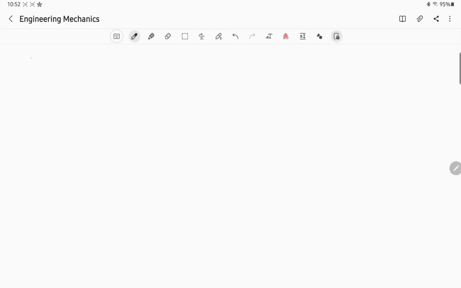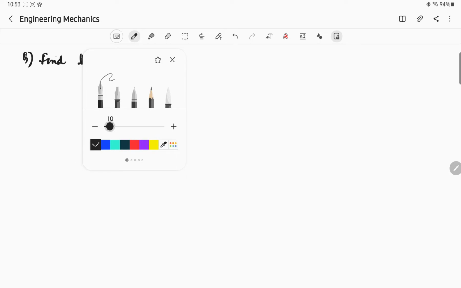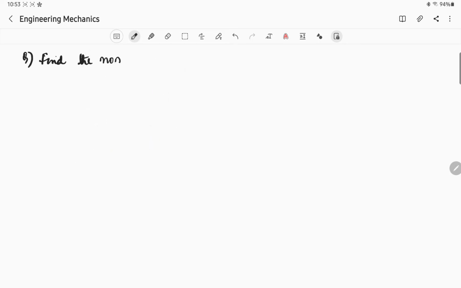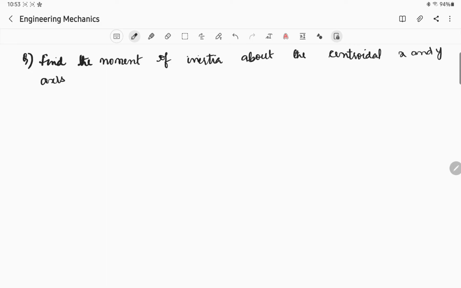Okay, so the question is, find the moment of inertia about the centroidal x and y axis of the L section shown in figure.